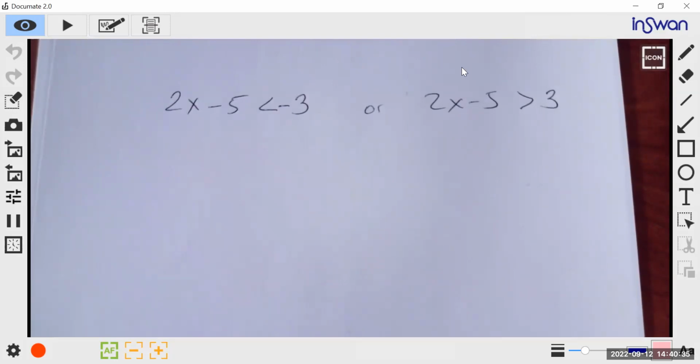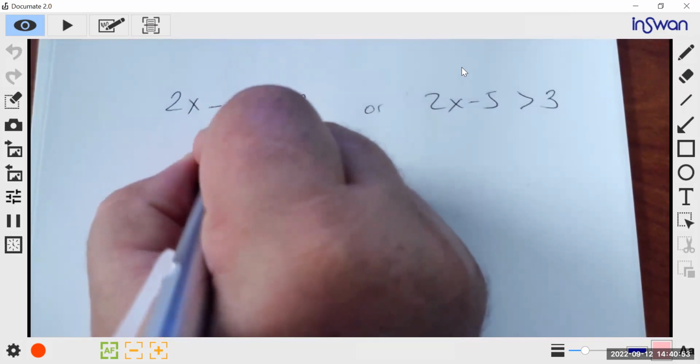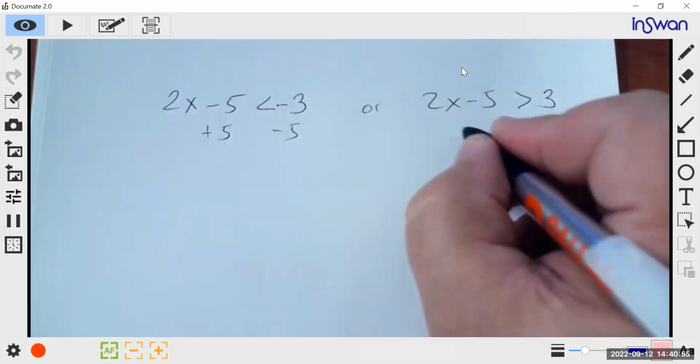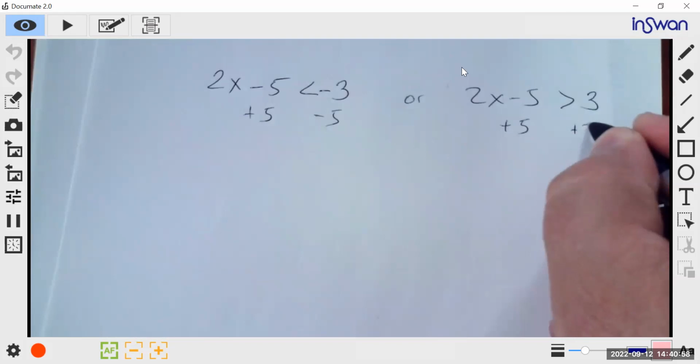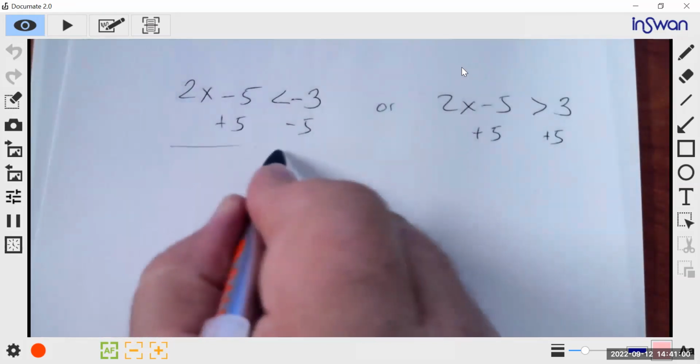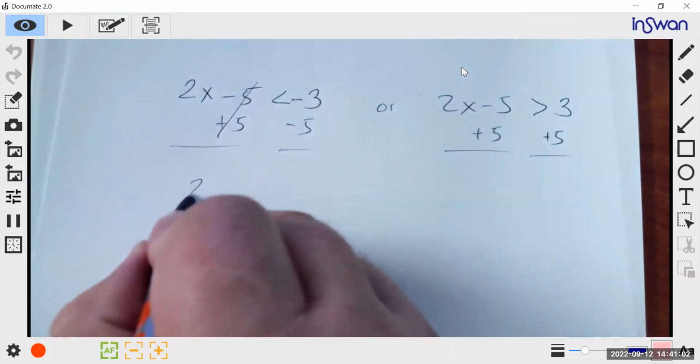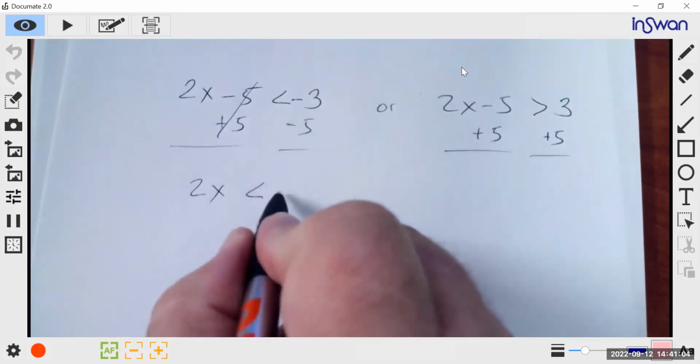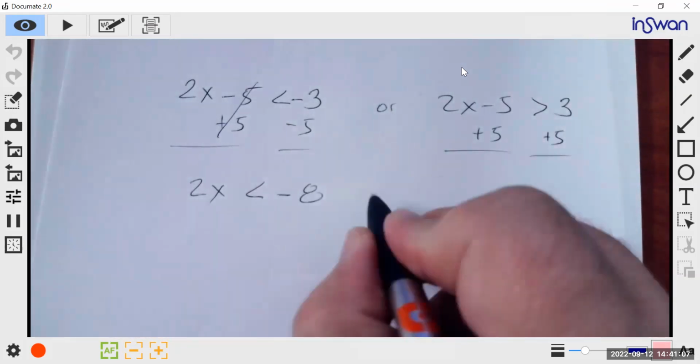2x minus 5 is less than -3, or 2x minus 5 is greater than 3. What do you do first? Add across the board to each term. We have 2x is less than, they're both negative, 5 plus 3 is 8.